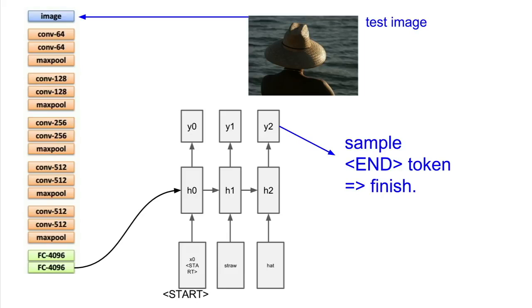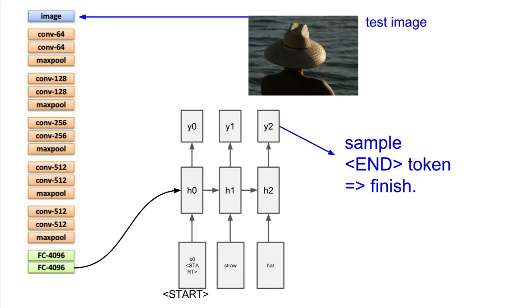Now during training, we put an end token at the end of every caption, so that the network learns that end tokens come at the end of sequences. Then during test time, it tends to sample these end tokens once it's done generating. So we train this model in a completely supervised way. You can find data sets that have images together with natural language captions.